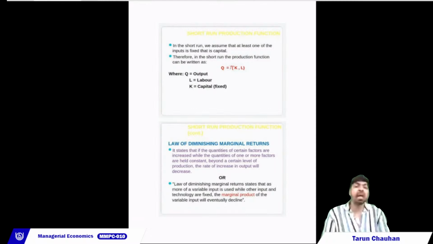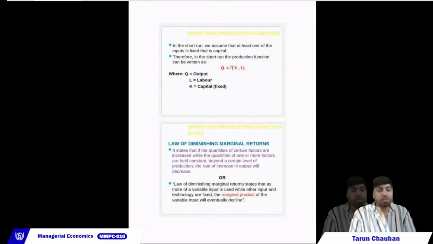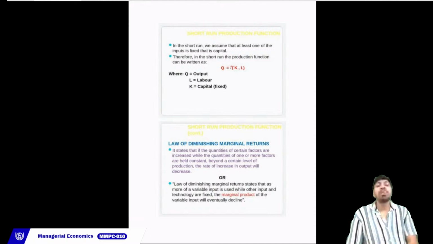When the marginal product becomes zero, the total product, that means the total output, will decline.